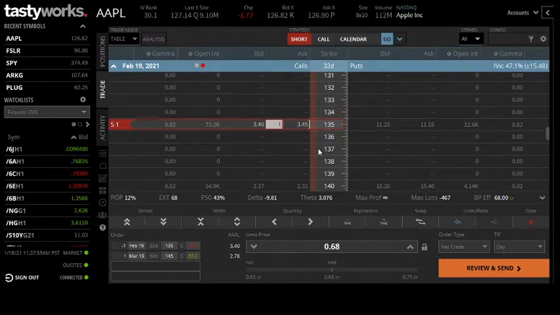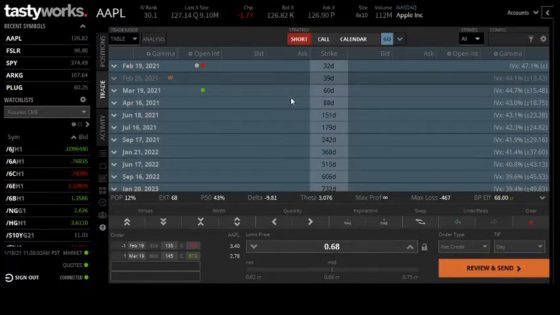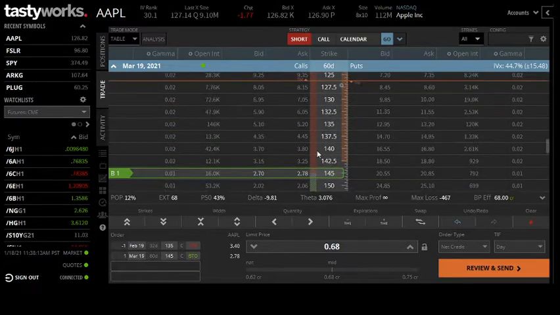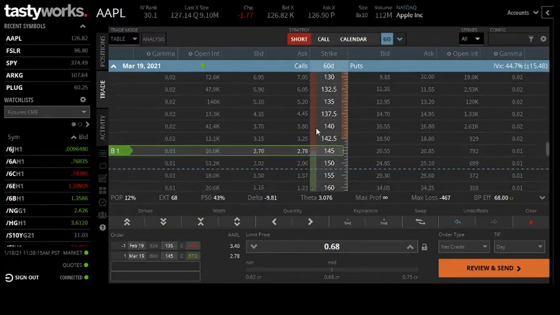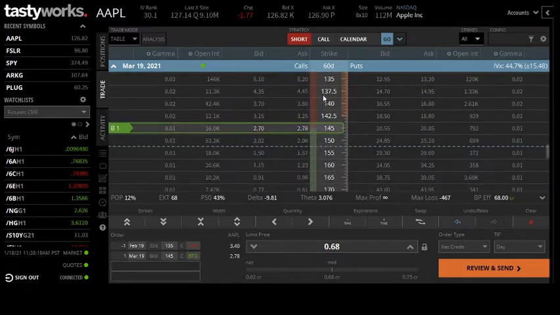And if it stays below 145 by February, you collect the full 155 credit from that one, and then you have just a naked 145 call for March for $100 instead of $200. But that's a whole different thing, that's where you get really advanced.